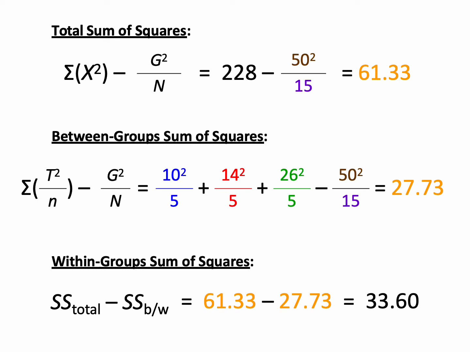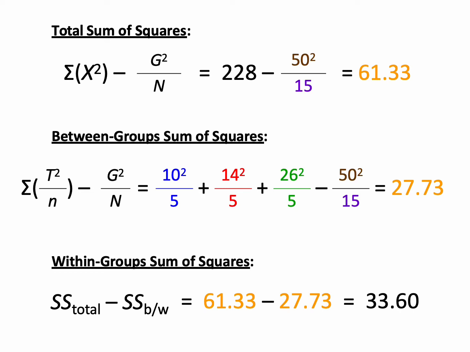So we have 228 minus 50 squared over the total sample size, which we know is 15. If we plug in all of those values, we get 61.33. That tells us our total sum of squares.